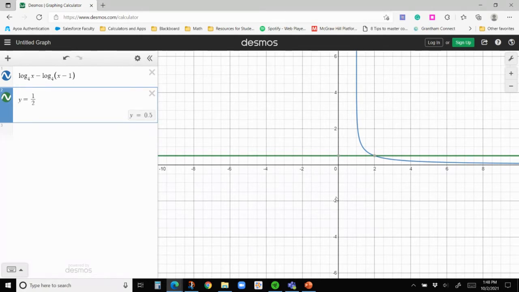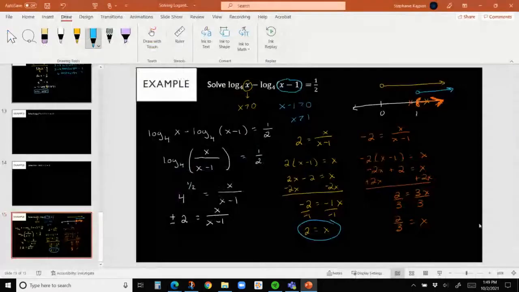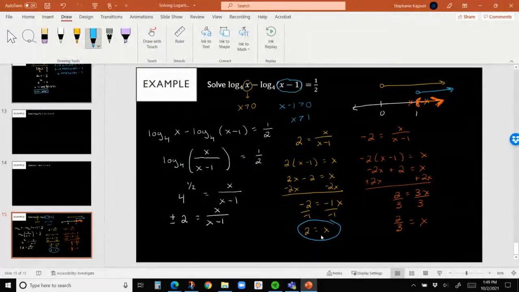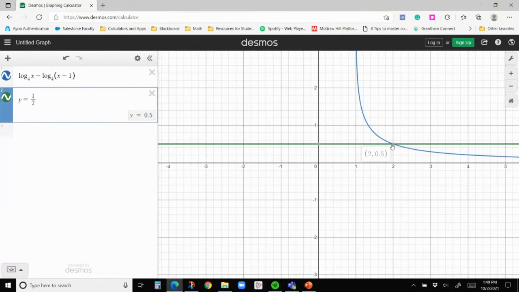That other answer, or we had not negative 2, we had 2/3. So 2/3 is, if I zoom in, somewhere over here, it's certainly not intersecting. But the other answer that we got when we solved was 2. And you can see that, yes, at 2, the left side is equal to the right side, because when you graph them, you do get an intersection point here.